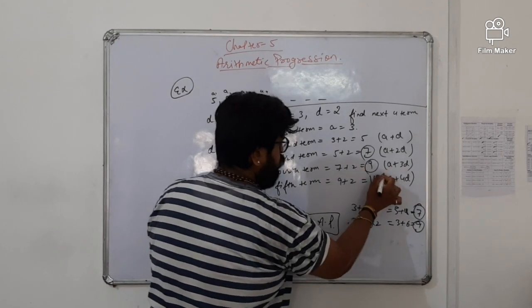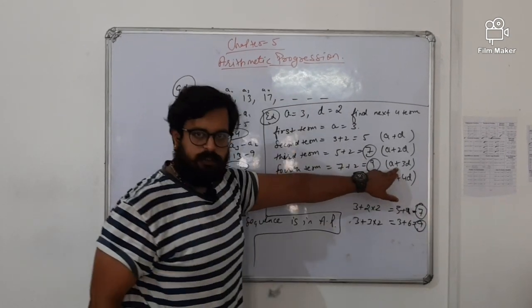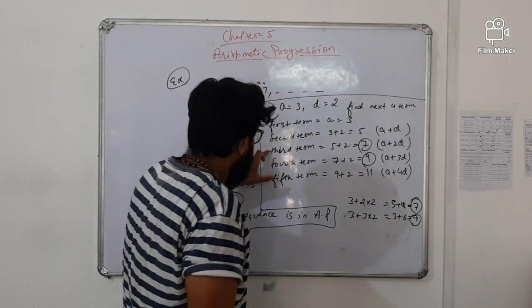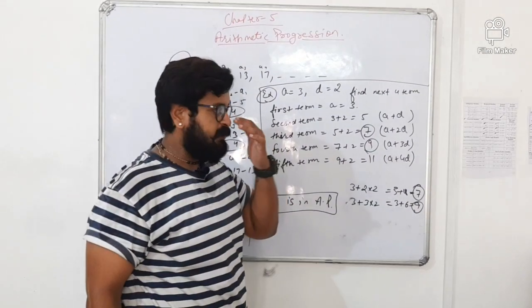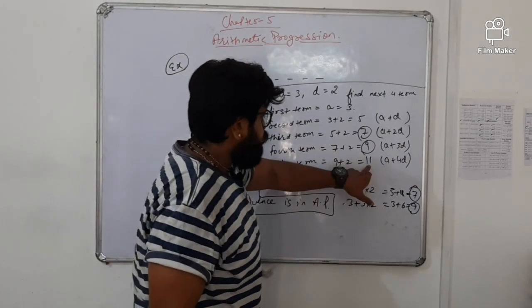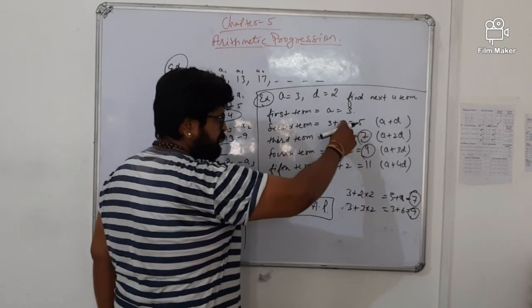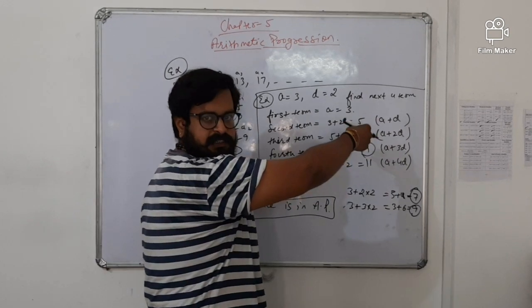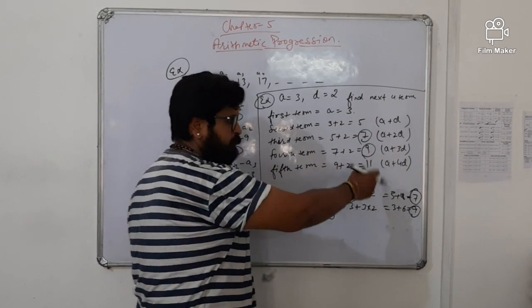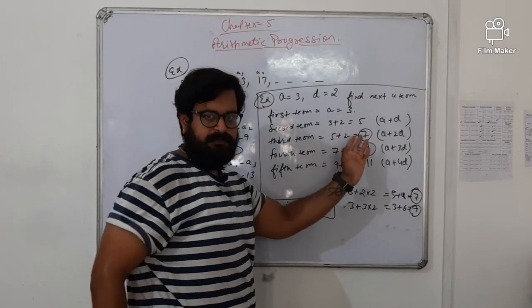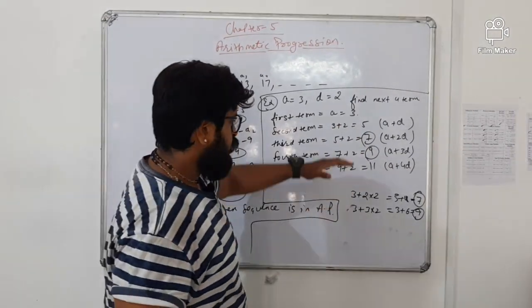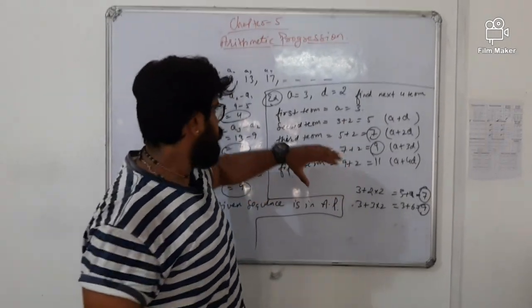So here and here we got the same. By using this formula we can find the second, third, fourth, fifth, as many terms as we want, and by adding the common difference to the successive numbers we can get the terms too. By both methods we get the same answer. So these are the first two methods.